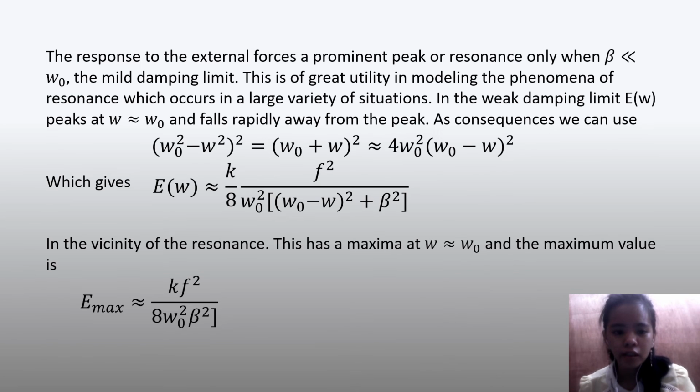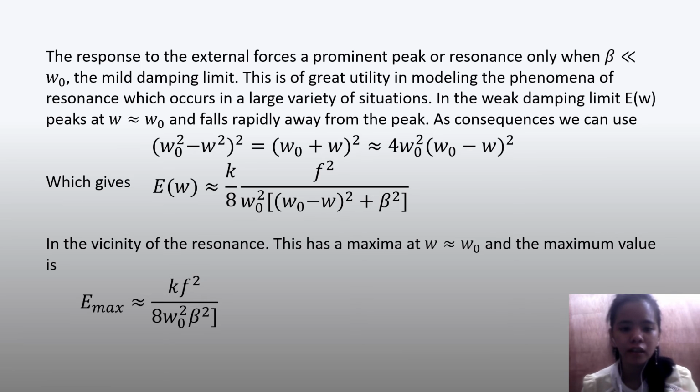Next, the response to the external force shows a peak of resonance only when beta is less than the mild damping limit. This is of great utility in modeling the phenomenon of resonance, which occurs in a large variety of situations in the weak damping limit.